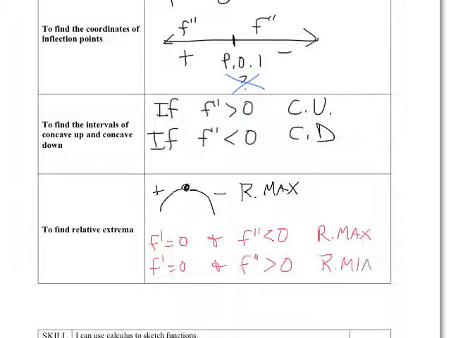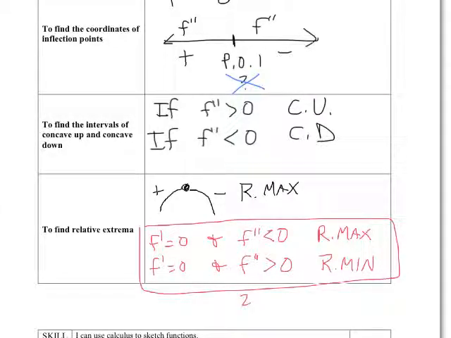So the red is your second derivative test, and then the black is your first derivative test. Okay, let's apply these to our problem set.